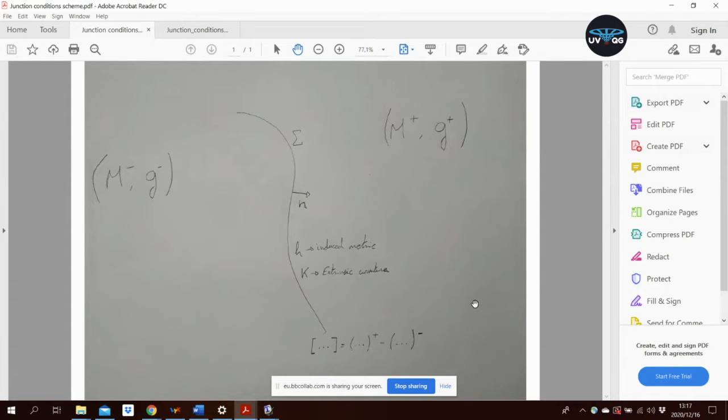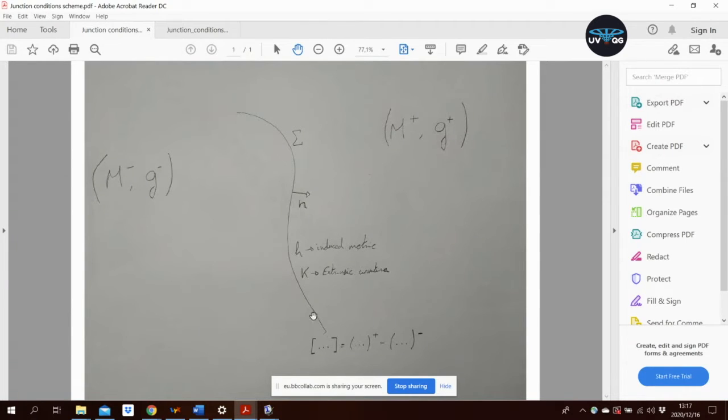Let's say you can describe this whole situation by a unique spacetime and a unique metric, and that your theory doesn't do any weird stuff. So basically the main objects that are going to play a role are the spacetime at one side of the hypersurface and the spacetime at the other side of the hypersurface.